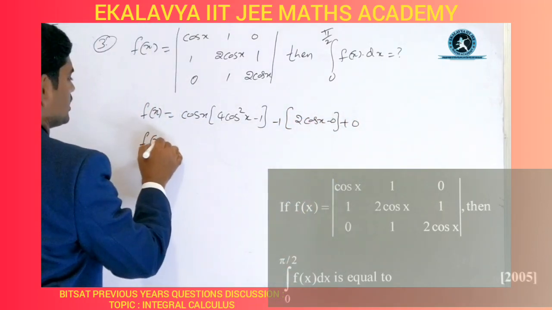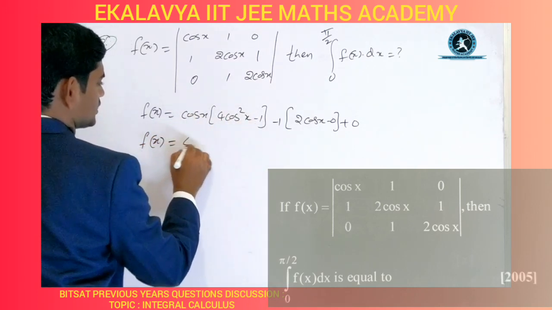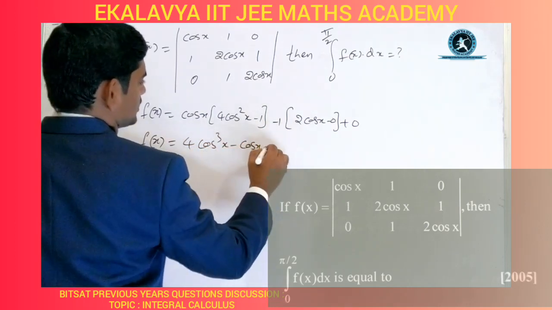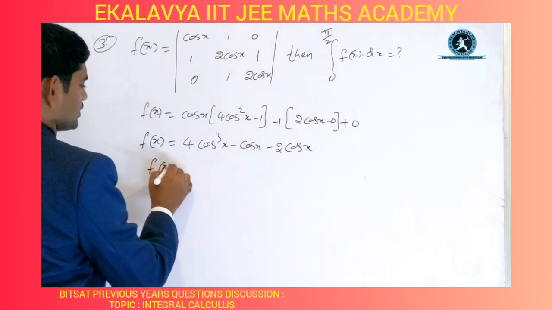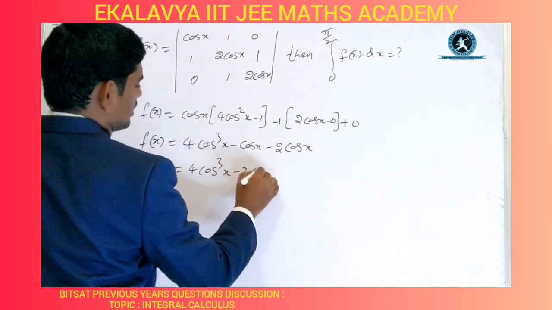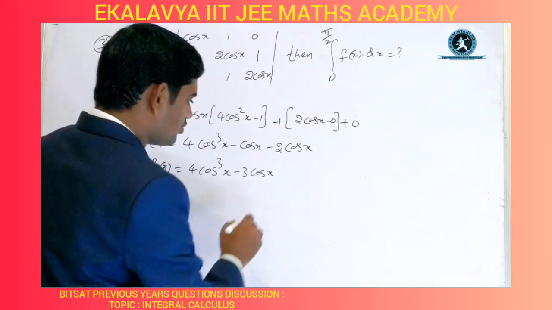Now if we multiply 4 cos square x minus 1 with cos x, we get 4 cos cube x minus cos x, then here we get minus 2 cos x. So f of x is equal to 4 cos cube x minus 3 cos x. What is this equal to?